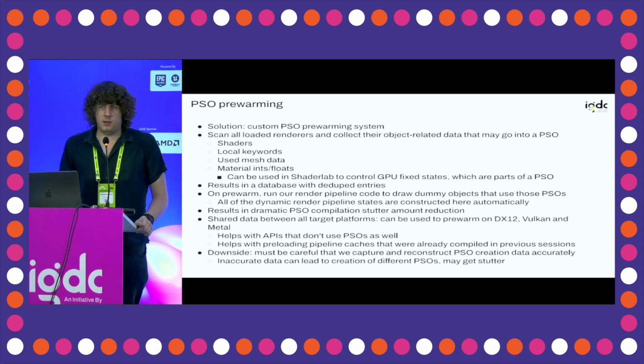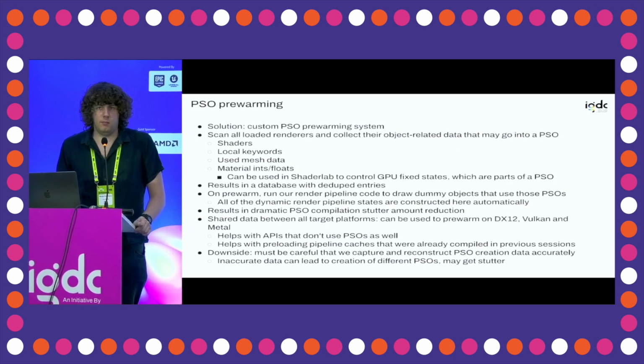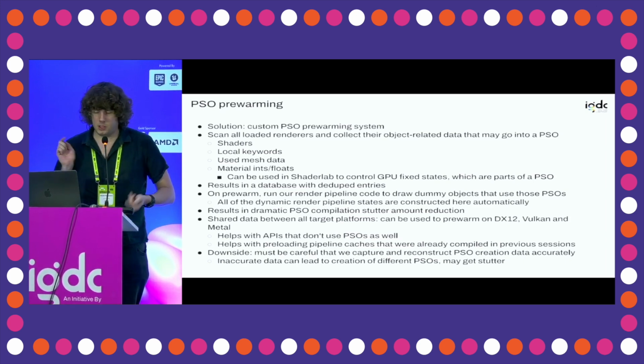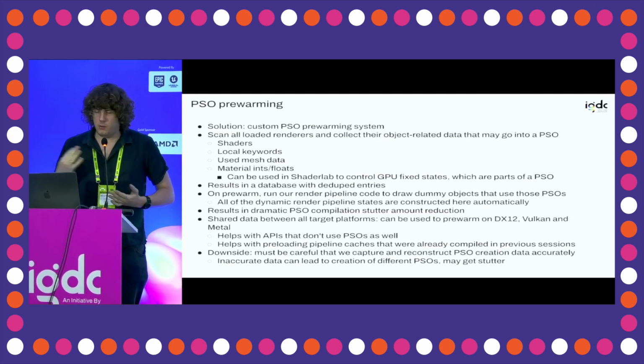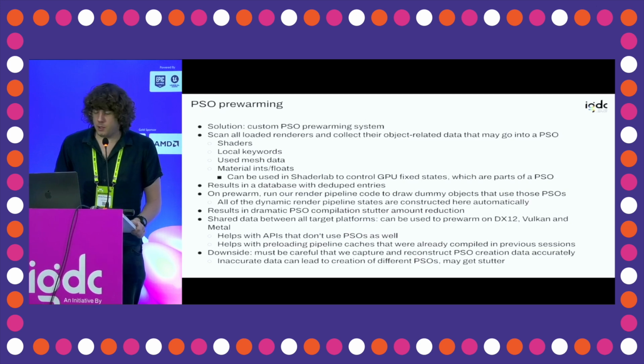So we implemented a custom solution in managed C# code. We scan all the scenes for all the renderers, and we collect all the renderer-specific and material-specific data that can be used to construct the PSO. So things like shaders, the local keywords, the mesh data that they use, and even ints and floats because they can influence the state of the fixed pipeline.